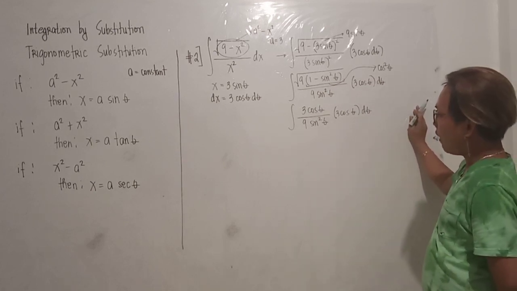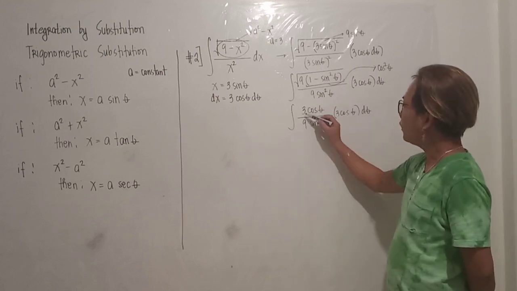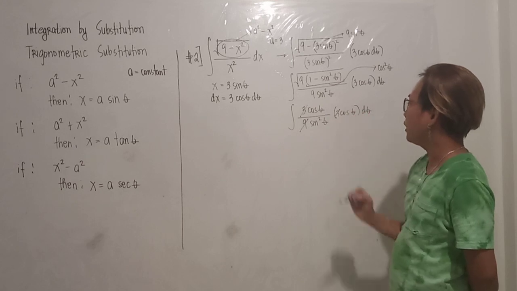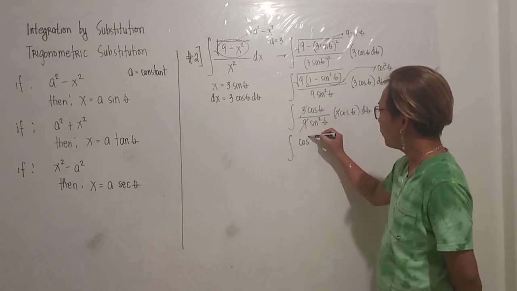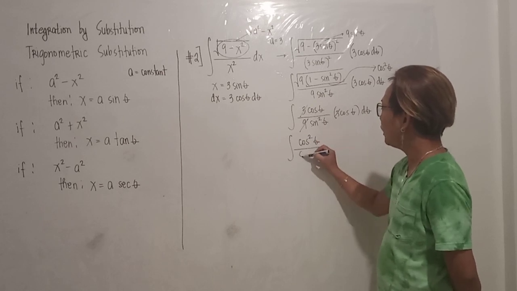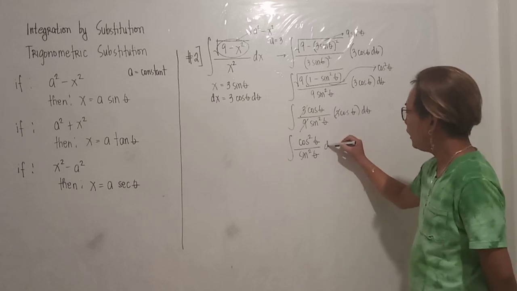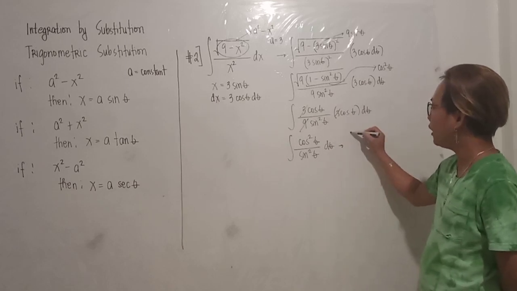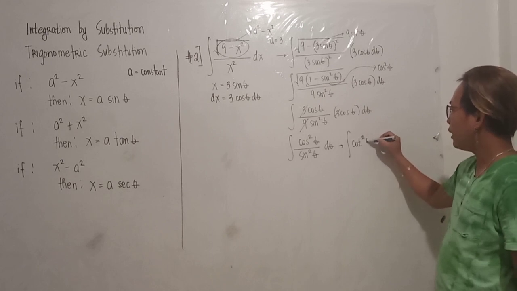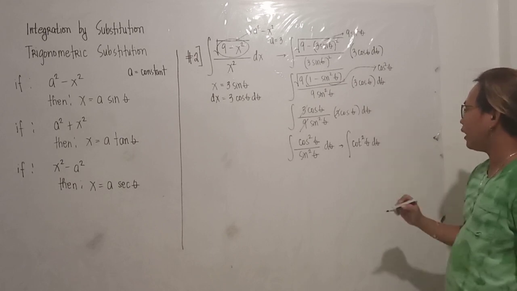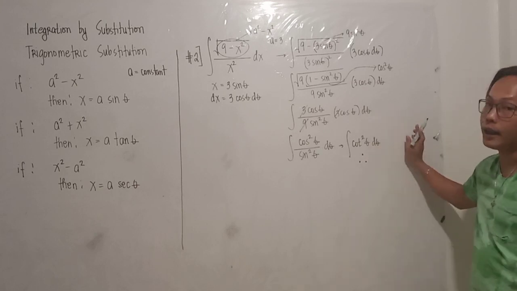So you will now have 3 by 3 is 9 over 9, so cancel yung constants. You will now have cosine squared theta over sine squared theta d theta, and this is equivalent to cotangent squared theta d theta. But take note that we don't have the integral of the cotangent.